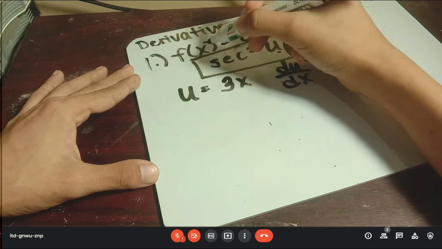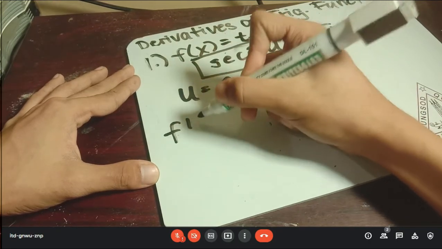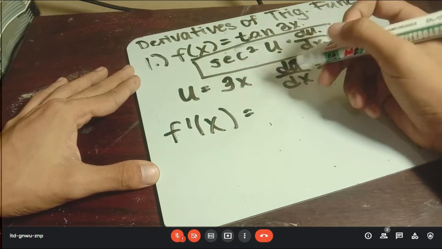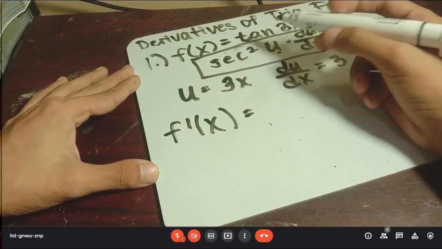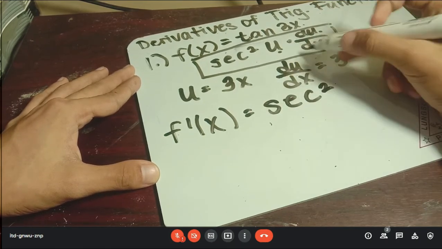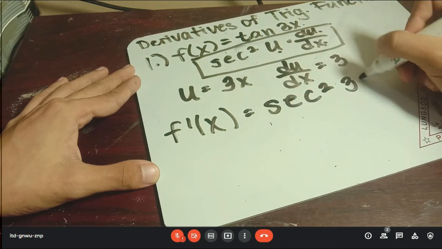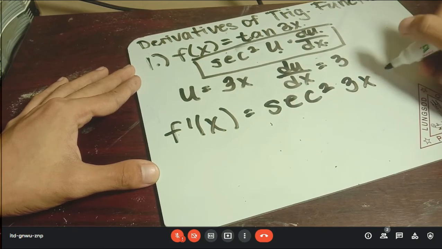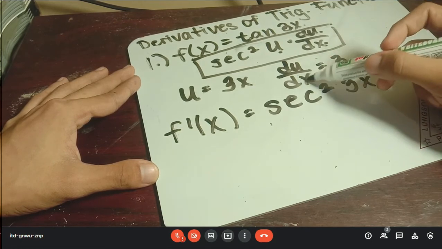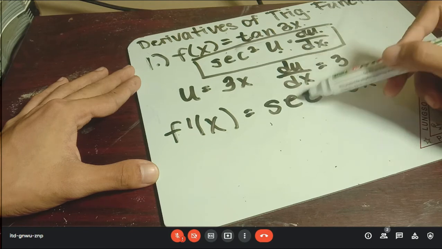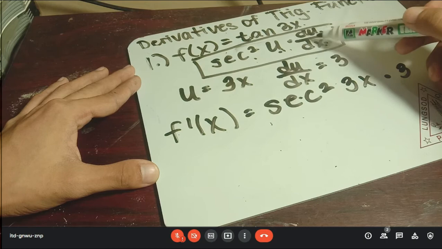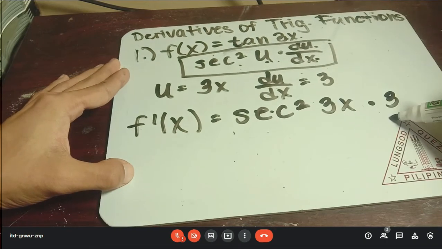Well, kasama tong f of x natin, will be turned into f prime of x is equal to, yung tan, magiging sec na siya. Sec squared, yung u natin, which is yung 3x, times 3, which is yung du over dx natin. Yung formula again, ito yun, sec squared u, du over dx.